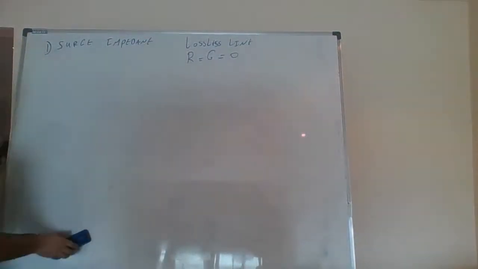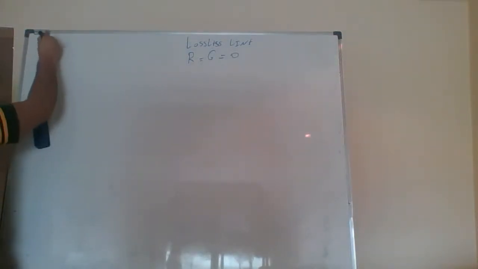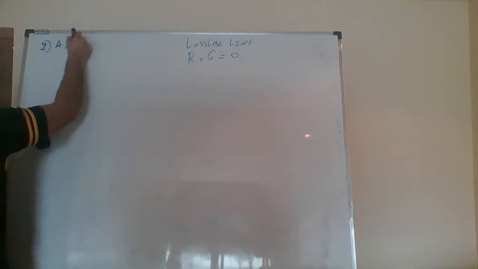Now, this is number 2, which is the A, B, C, D parameters.